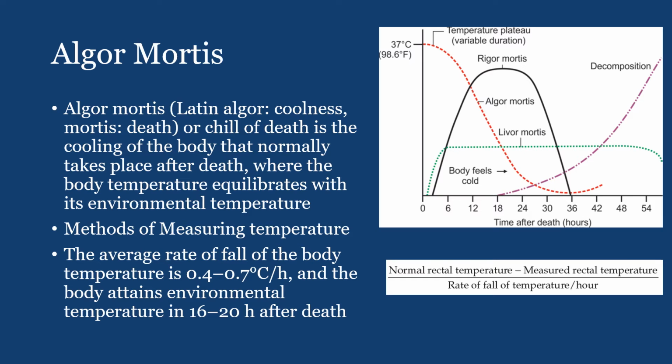So those will be considered, and the normal rectal temperature will be noted. Then whatever is measured inside the body will be taken, and it will be divided by the rate of fall of temperature per hour. So once you take it now, after half an hour, after 1 hour, like that if you are taking, you will be getting the denominator part of this particular formula.